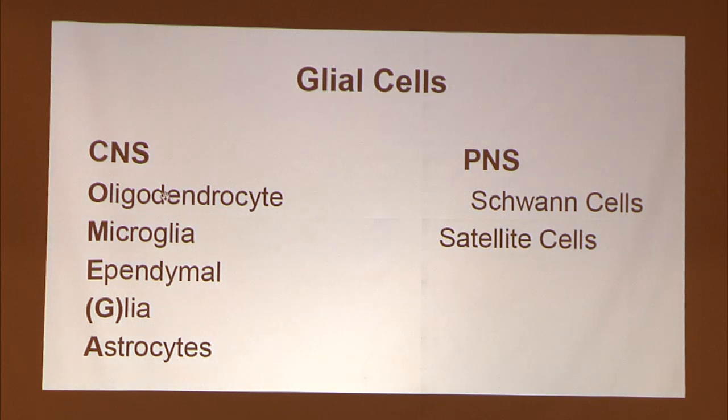But one oligodendrocyte is going to myelinate many axons and many neurons. So it's going to act like a web, or a spider, or a star type thing. Even though we call astrocytes the star ones, oligodendrocytes look similar, but they're myelinating, attaching to multiple axons from multiple different neurons.